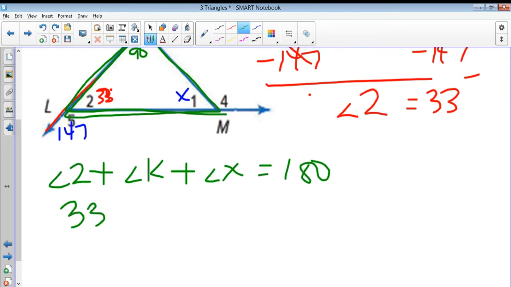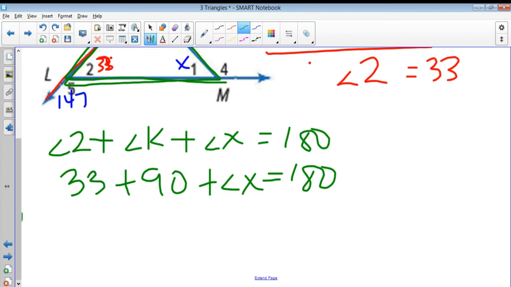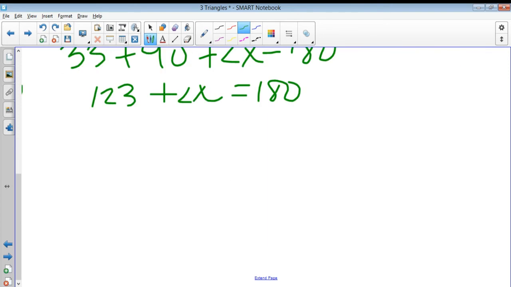Angle 2 is 33, angle k is 90, and we don't know what angle x is. So 90 plus 33 is 123, plus angle x is 180. Minus 123 on both sides.